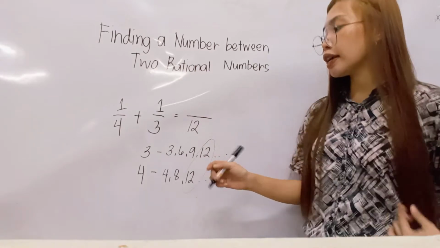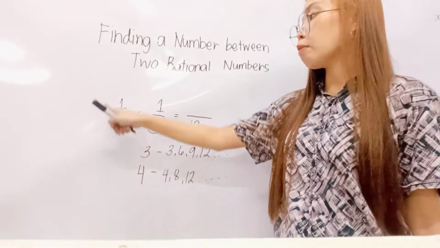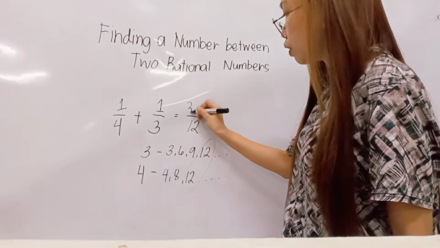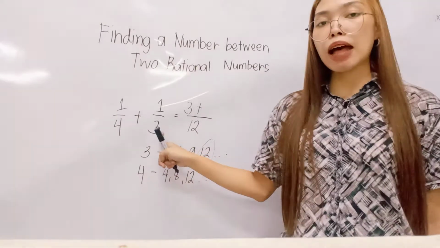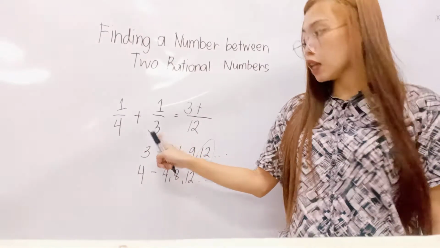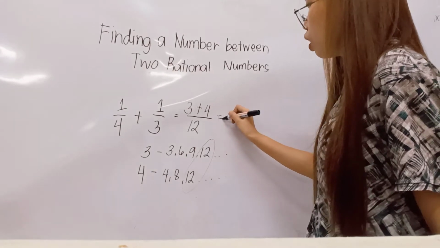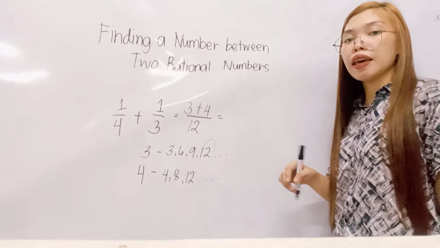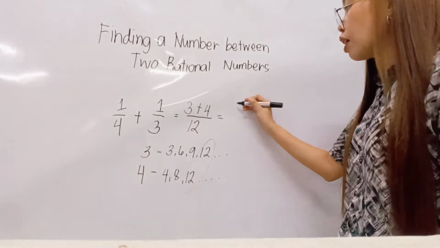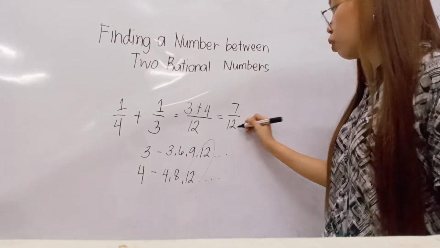So, next step. 12 divided by 4, 3 times 1, 3. Then, copy the operation, addition. 12 divided by 3, 4 times 1, 4. Okay, so 3 plus 4, that is 7. Then copy the denominator, 12.